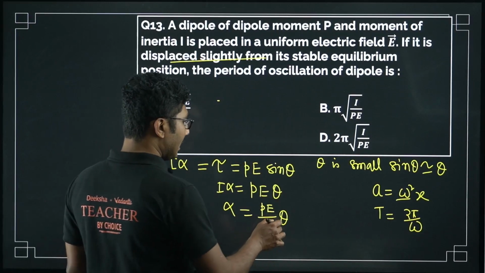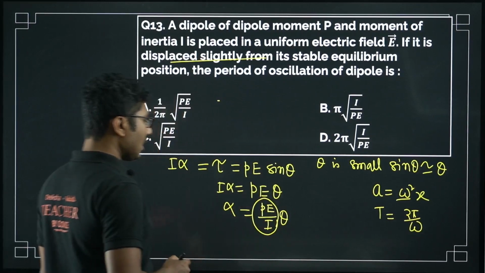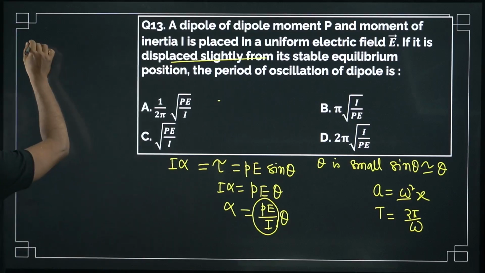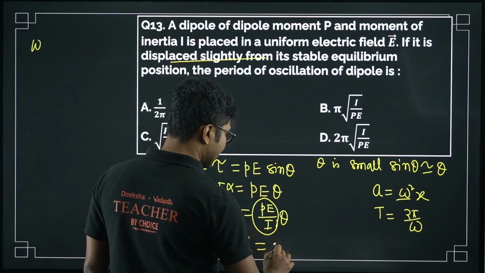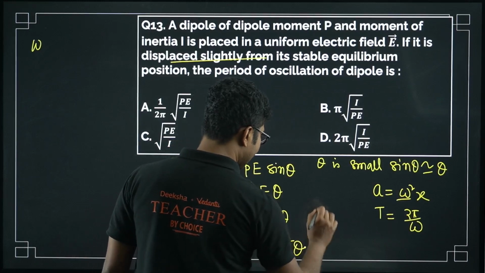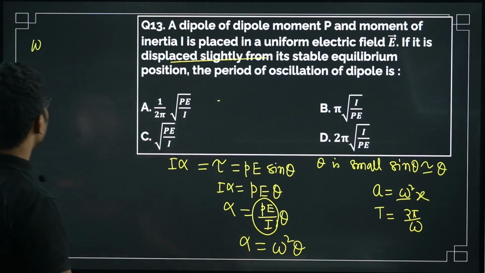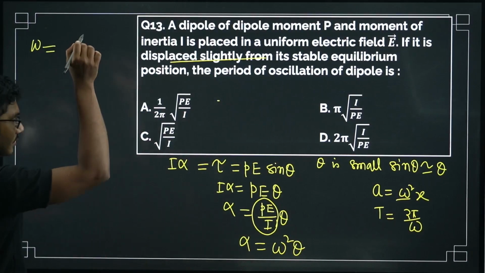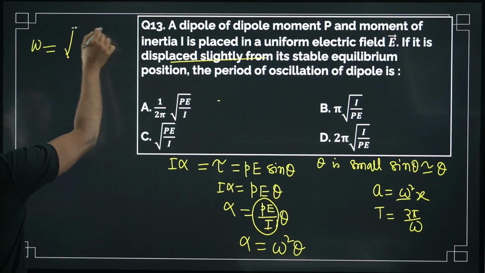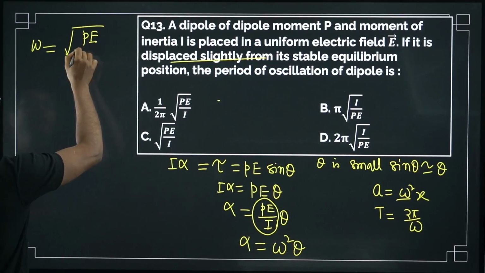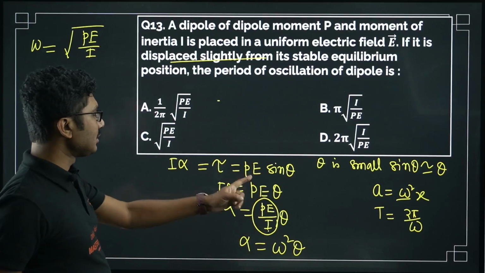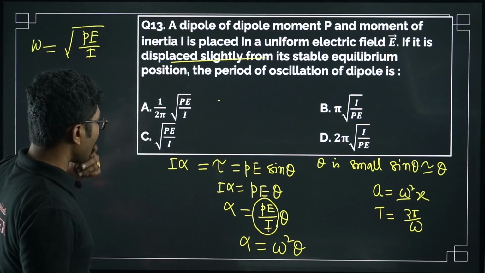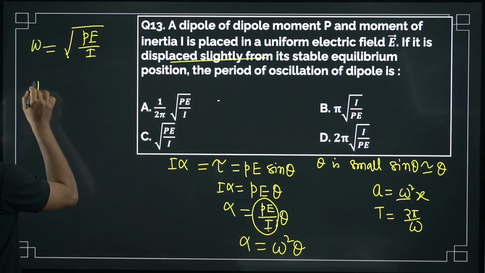So if we use the same logic over here, we can calculate omega square. So this is the rotational equivalent. Rotational equivalent means the same thing will happen, omega square theta. So omega is basically equal to square root of Pe by I. This is the omega square, so omega will be square root of Pe by I. So what is time period?